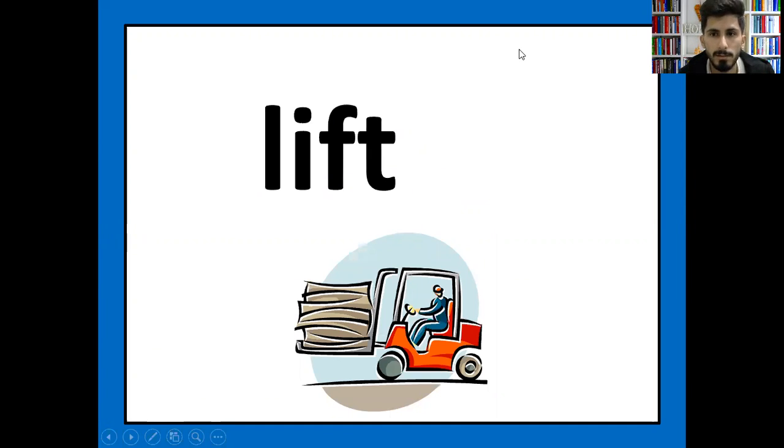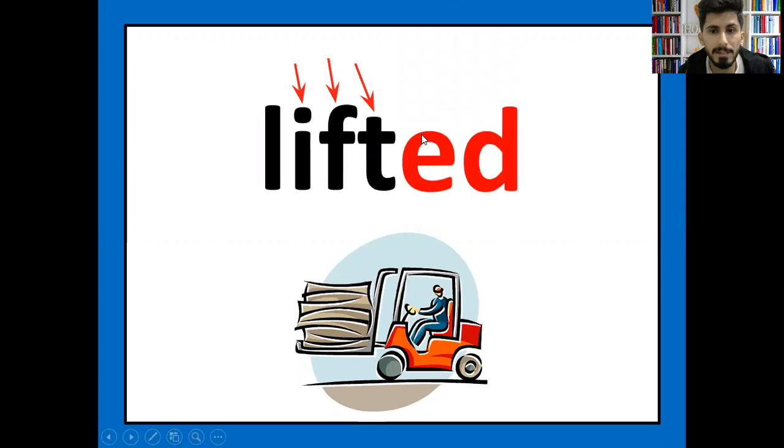We've got a vowel letter I followed by 2 consonants, one F, one T. So here it's the same. We just add ed. Lifted, lifted. And here ed is pronounced as id. Lifted, just like that.